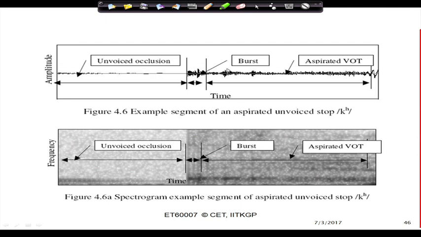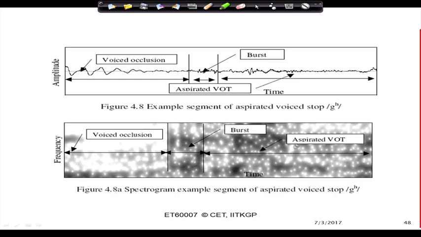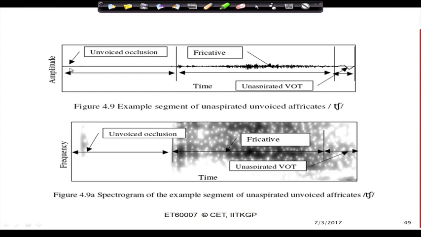So, occlusion, burst, aspirated. If it is voiced, during the occlusion period the vocal cords are vibrating, so there is a voice bar kind of sound, which is why it is called voiced. So, the occlusion is voiced. So, it is a voiced stop, ga, ga. Then if it is gha, there will be aspiration, aspirated VOT, everything else the same. Similarly, for an affricate, the occlusion part is unvoiced, then friction, then VOT.